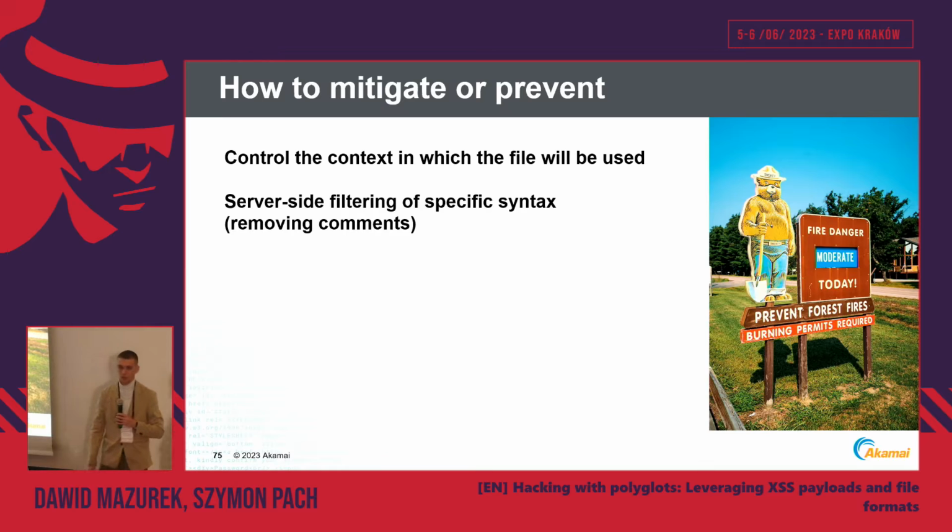Of course, the most obvious mitigation for XSS is server-side filtering of specific syntax. In the brackets, I inserted removing comments. It's regarding Szymon's part with removing JPEG and JavaScript comments from the file.